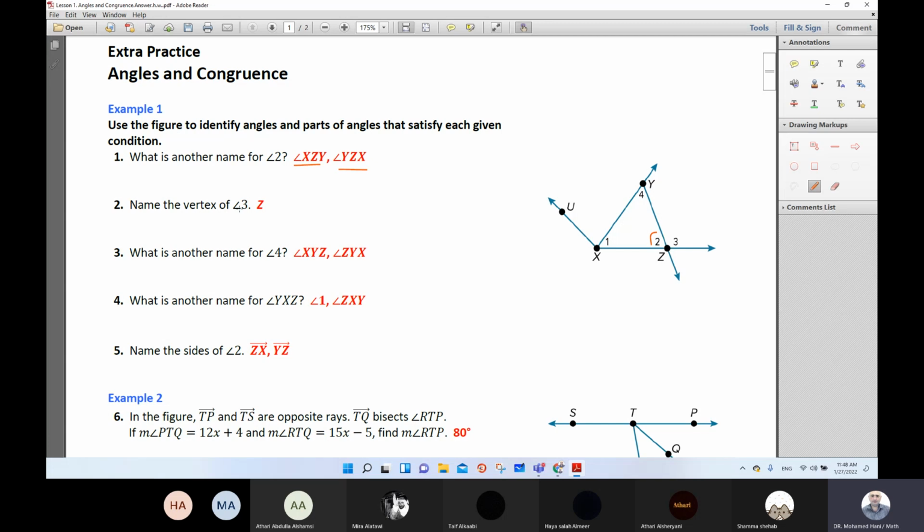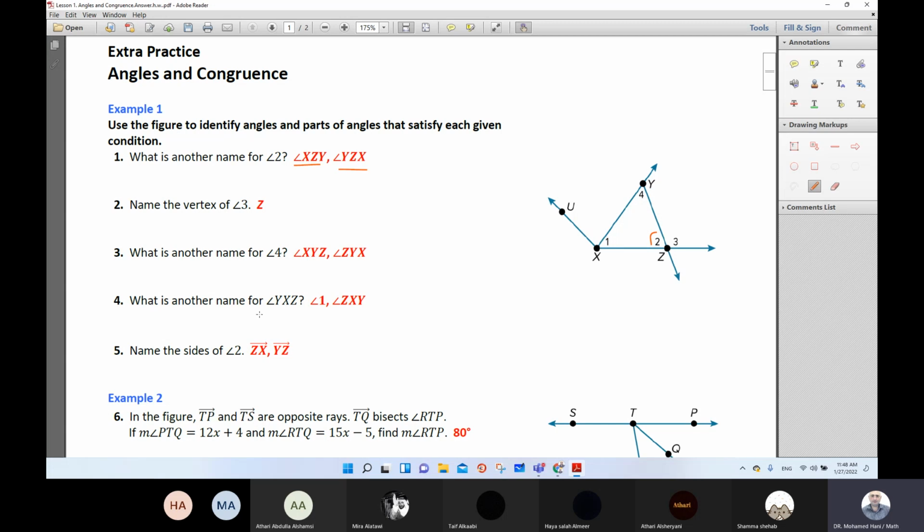Name the vertex of angle 3. This is the vertex of 3. The name of the vertex is Z. What is another name for angle 4? This is angle 4. We can name it XYZ or ZYX.